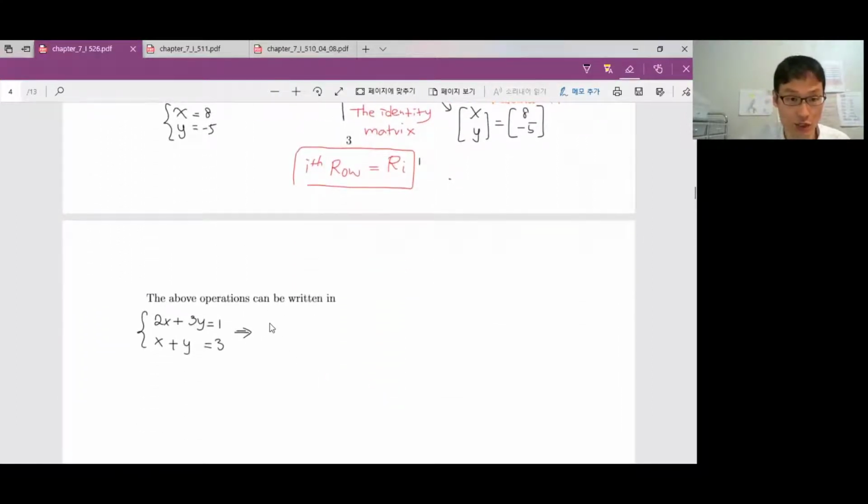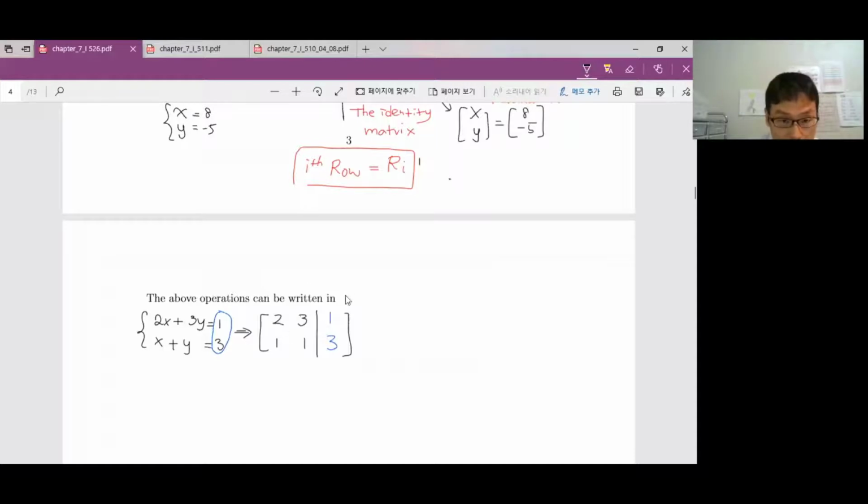So you take only the numbers: 2, 3, 1, 1. And then your right-hand side, 1, 3, is here. Only numbers. You can separate them by putting a vertical bar like this.